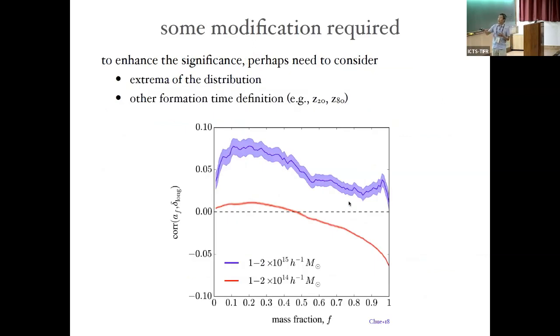However, Xue et al. have argued that for halos around 10 to the 14 solar masses, which is the mass scale of our clusters, Z50 turns out not to be the optimal choice to split early forming halos from late forming ones. So we should consider other formation time definitions or use the extrema of the distribution.